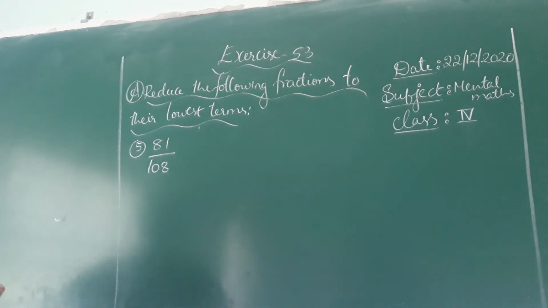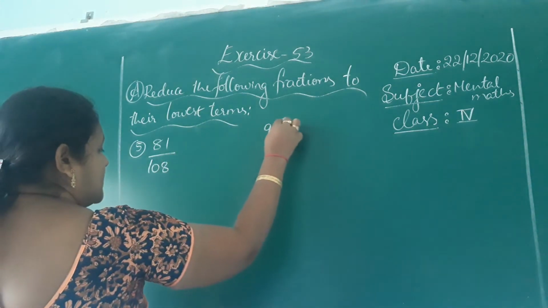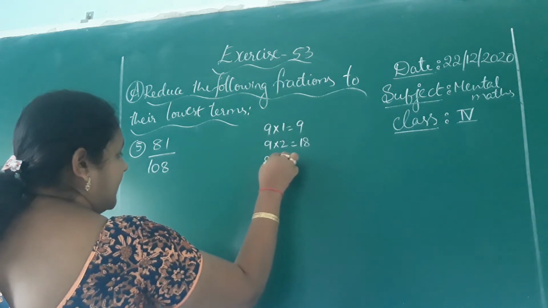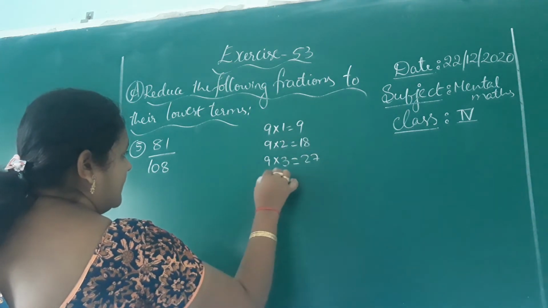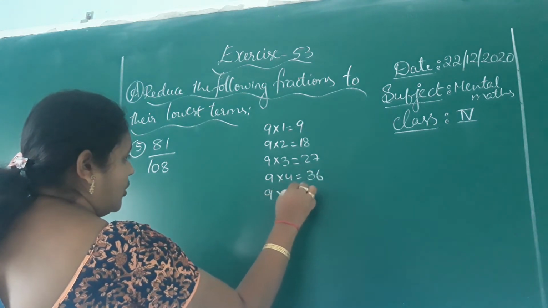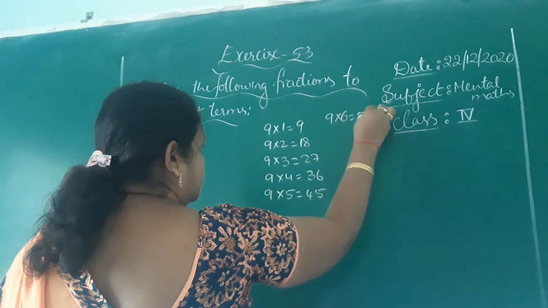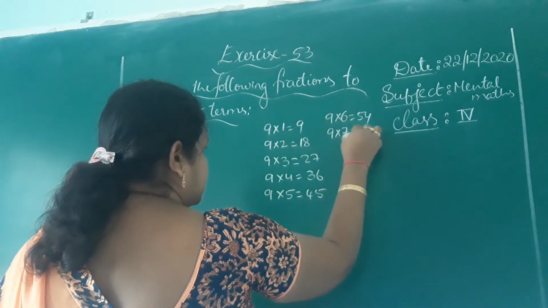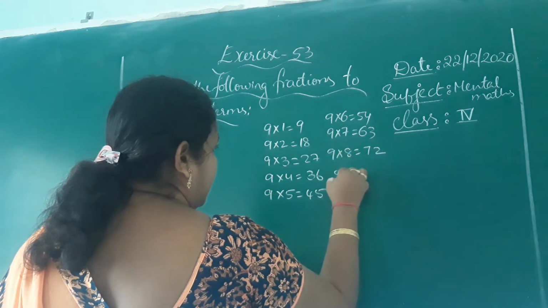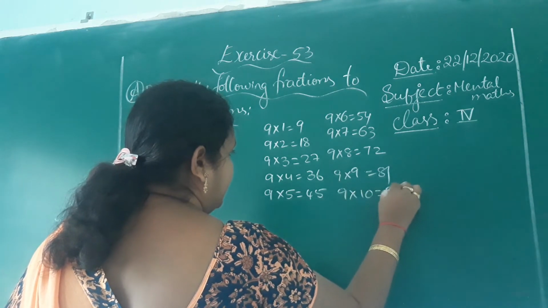Check once. 9 ones are 9, 9 twos are 18, 9 threes are 27, 9 fours are 36, 9 fives are 45, 9 sixes are 54, 9 sevens are 63, 9 eights are 72, 9 nines are 81, 9 tens are 90.